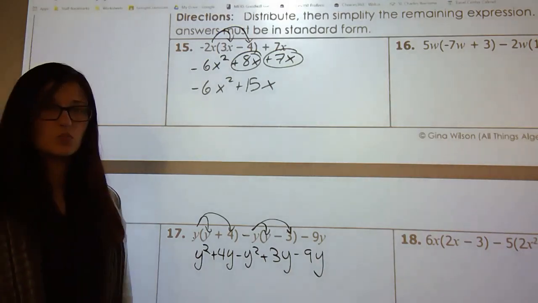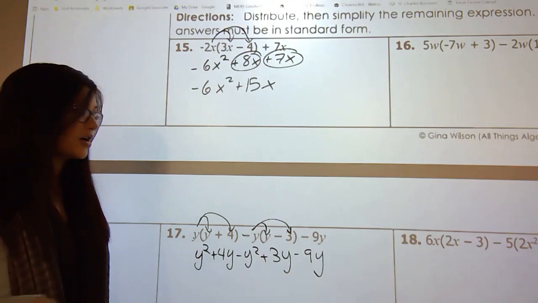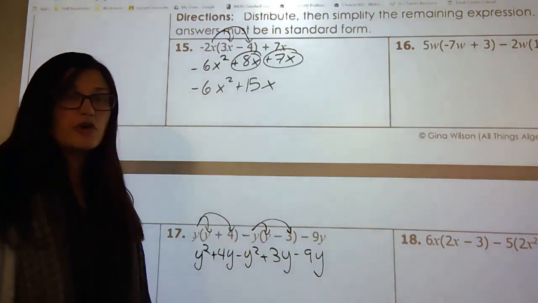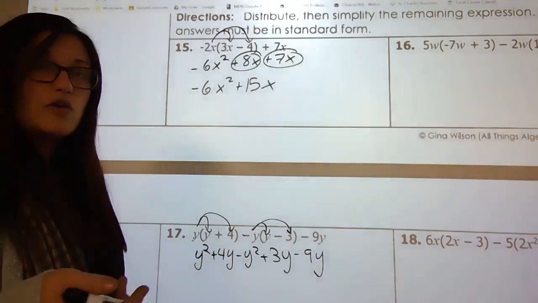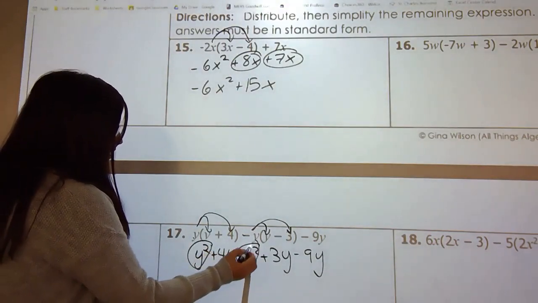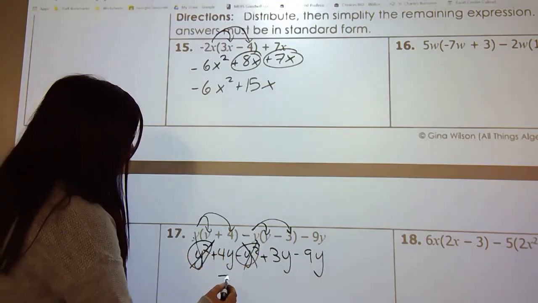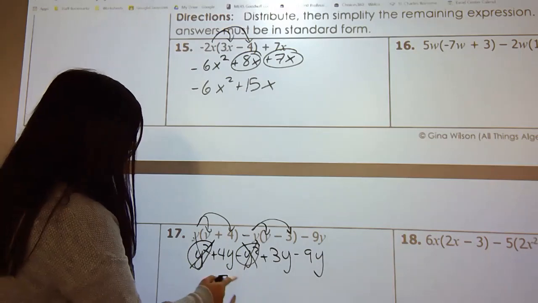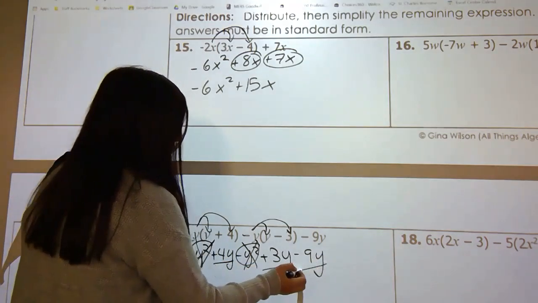So sometimes it's just weird, the notation of why we do things in math. We always want to make sure our coefficient is in front of my variable, okay? So you have y times 3, you write 3y. All right, so let's combine. Y squared minus y squared, those just go away. 4y plus 3y is 7y. Oh, hold on. Can't forget, I got 4y, 3y, and negative 9y.